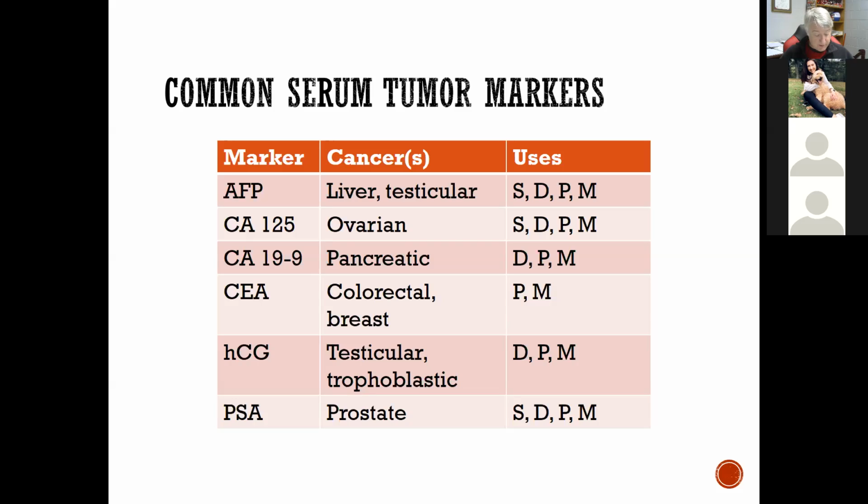CEA, this is kind of the old school of CEA. Kind of started off as one that you get quite often ordered for you. Do a CEA screen, colorectal, breast, and lung. So definitely covers quite a bit.